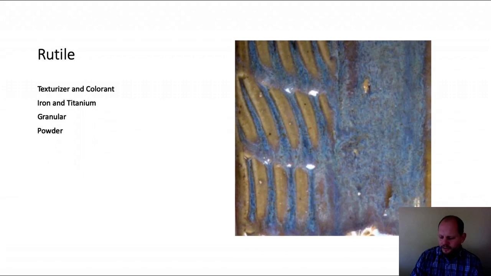So basically there's two grades you can get. The granular grade, which is almost like little pebbles, will create these really interesting spots all over your work with color response. Or if you want a more systematic inclusion, then you would use the powdered form.